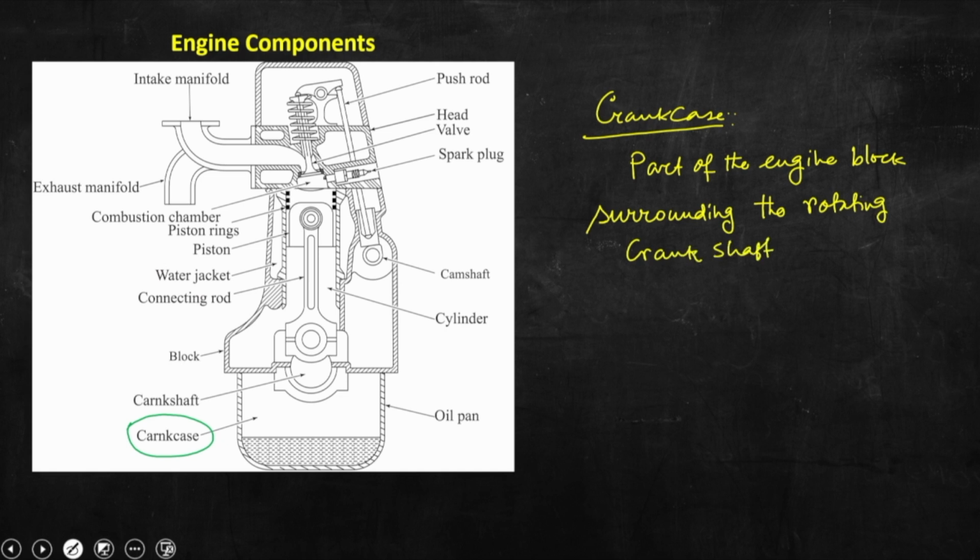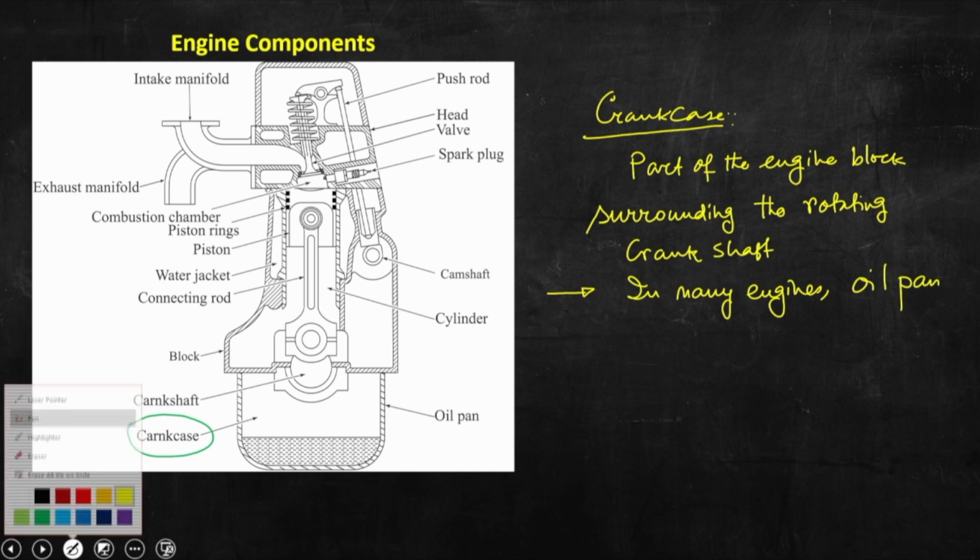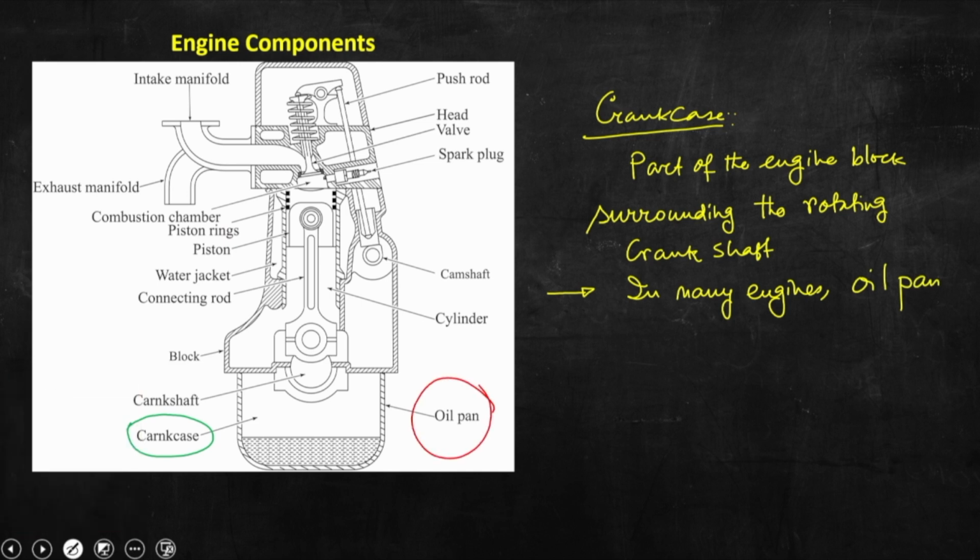That means, this is also a part of the engine block, but towards the end it houses the crankshaft, right, that is the crankcase, and with this I should write, in many engines the oil pan, that you can see from this schematic depiction, another important component, oil pan.